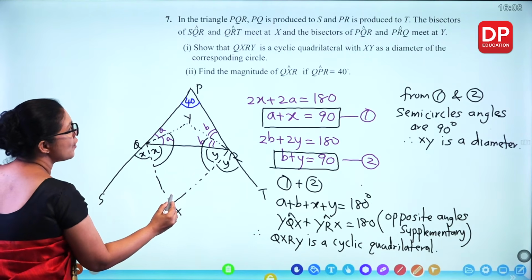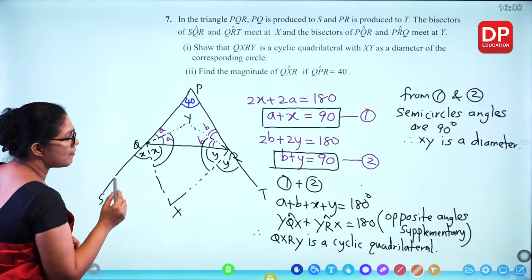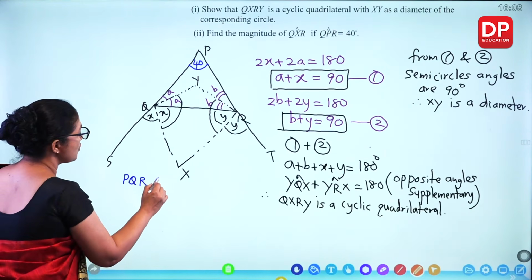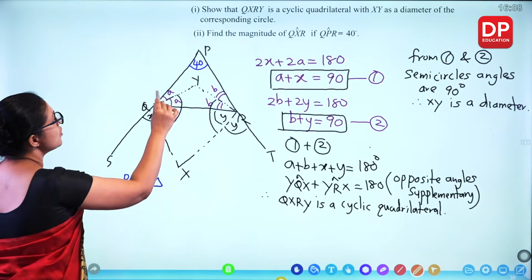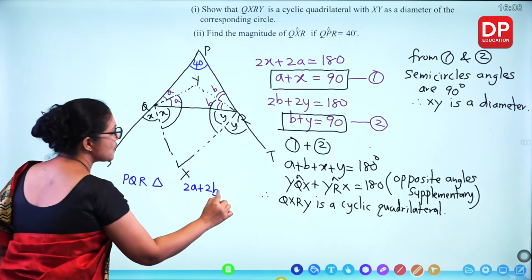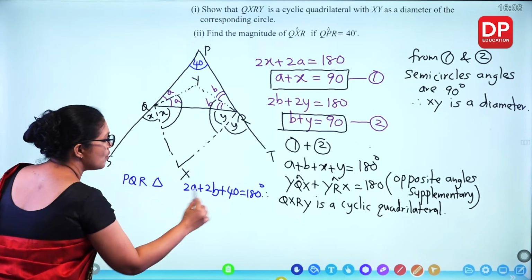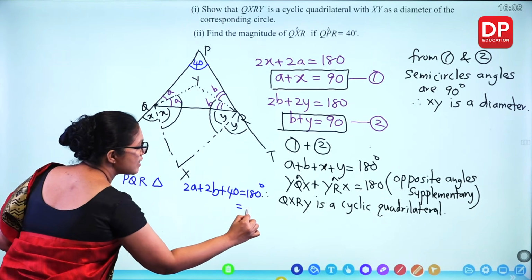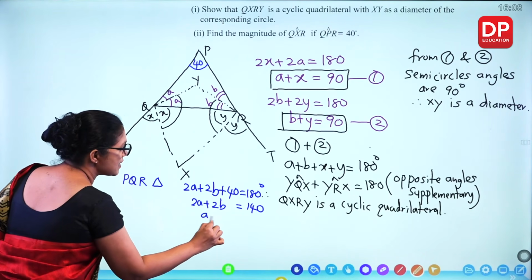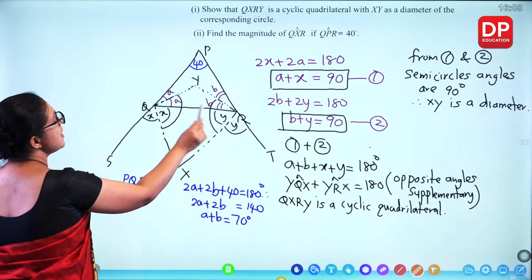Here we need to find out this angle. If this is 40, if you take the PQR triangle, what can you say about PQR triangle? 2A plus 2B plus 40 equals 180. So when you take 40 to this side, you get 140 here. What's A plus B? A plus B equals 70 degrees.